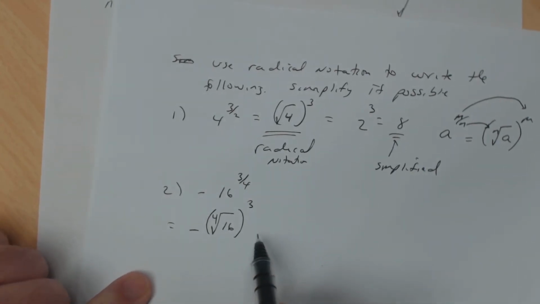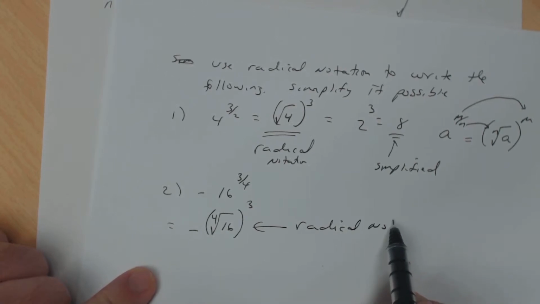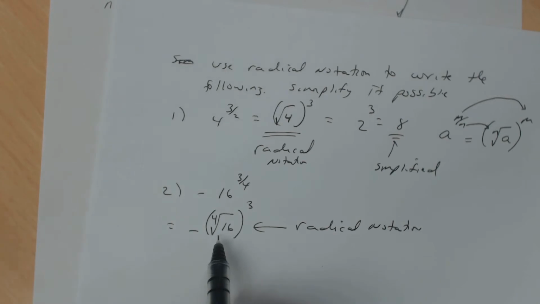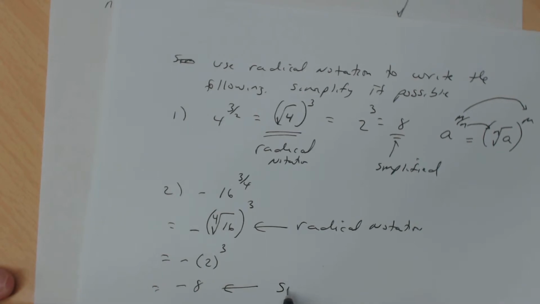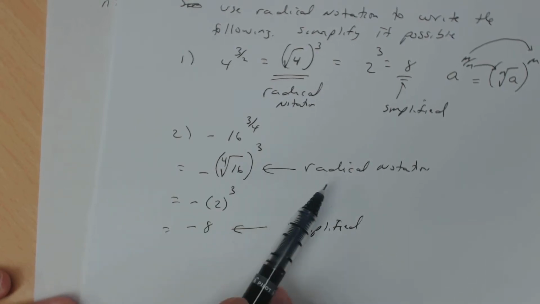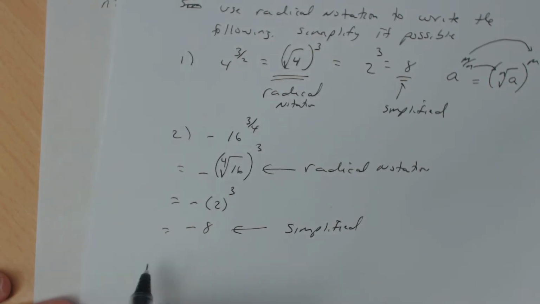That's your radical notation, what you put in the blank. Now let's simplify. The 4th root of 16: what number times itself 4 times is 16? The answer is 2. So this becomes negative 2 cubed, and 2 cubed is 8, so it becomes negative 8. That's your simplified answer. So the one that goes in the blank for simplified is negative 8.